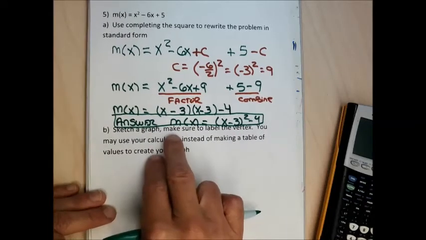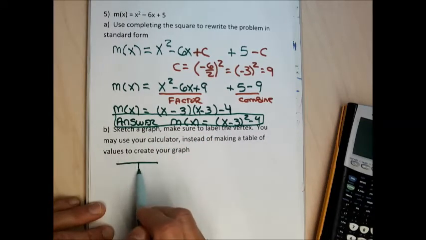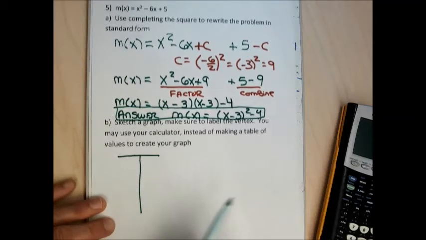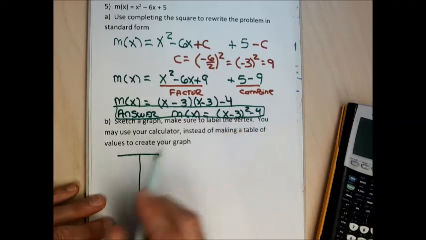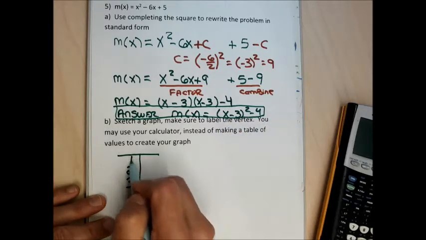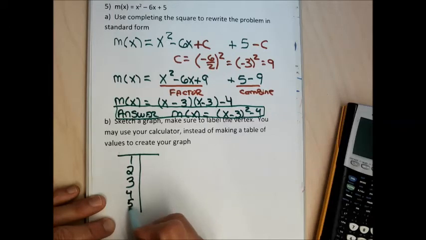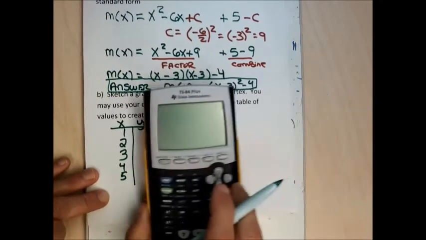Last thing I need to do is sketch a graph and label the vertex. I'm going to be lazy and I'm going to use my calculator to get the table again. I'm going to change the sign of that number in the parentheses, put it in the middle of my x column, do a couple numbers smaller and a couple numbers bigger, and those are going to be my x's for my table, and I'm going to worry about getting y's here in a second.